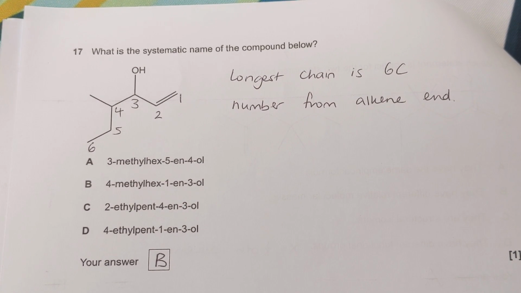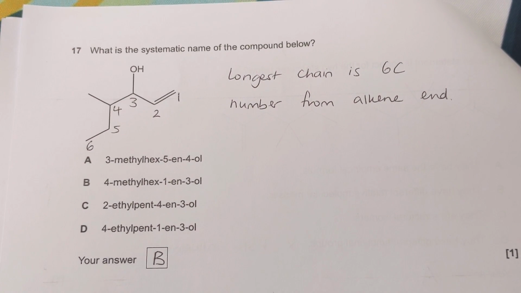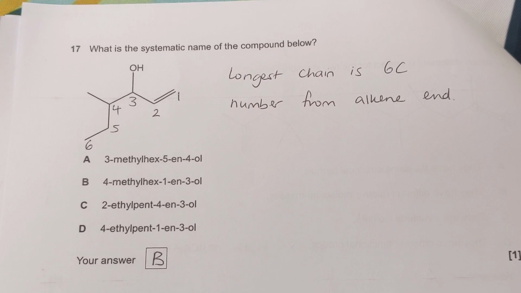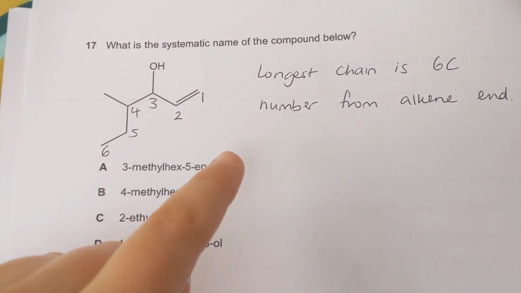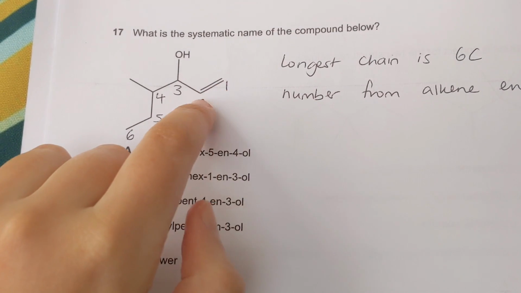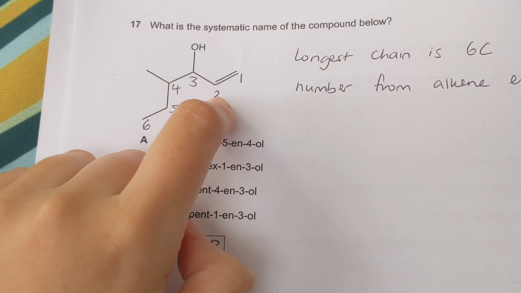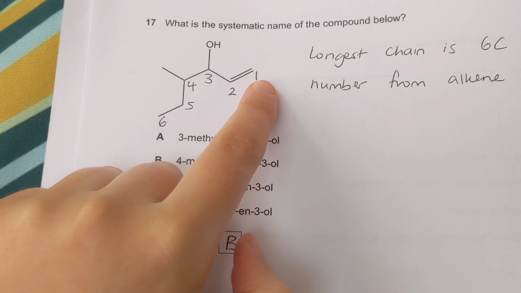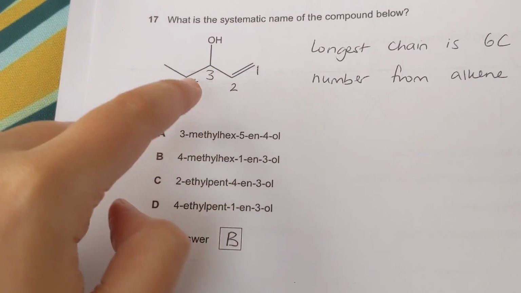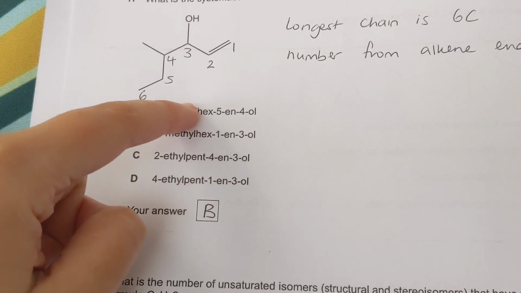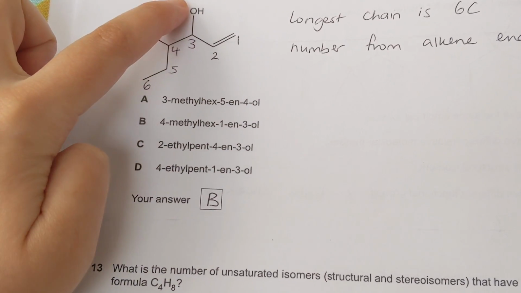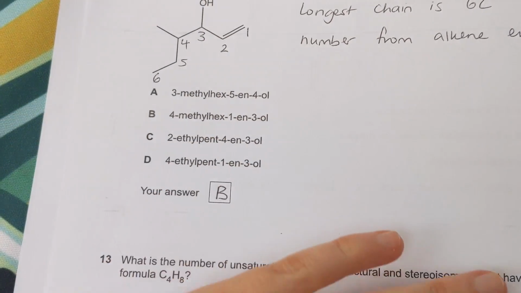Next question, what is the systematic name of the compound below? So to do this, we need to find the longest carbon chain first, and we start counting the carbons from the alkene. We want to give the functional groups the lowest possible number. So we start here, it's carbon number 1, and we count along to carbon number 6. So it's got to be a hex. We've got an alcohol group, so it's going to end in -ol.